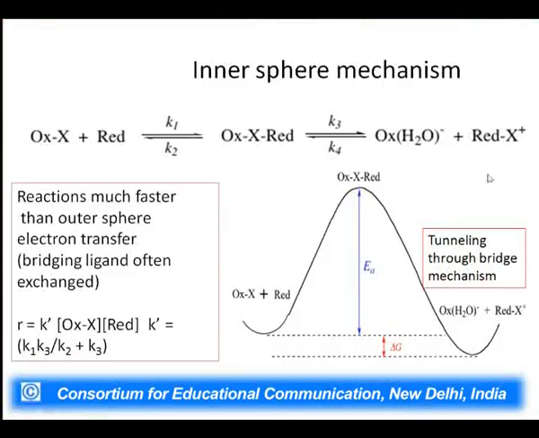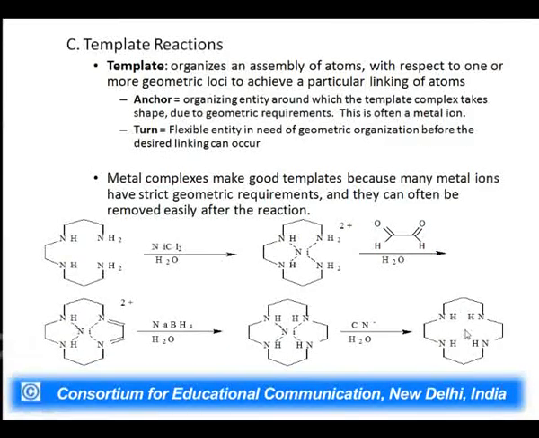Comparison with experimental data of known reactions helps in deciding whether they will follow the inner sphere or the outer sphere mechanism. So in the inner sphere mechanism it is through a bridging ligand, whereas in the outer sphere mechanism no bridging takes place, and the electron transfer happens only through tunneling.